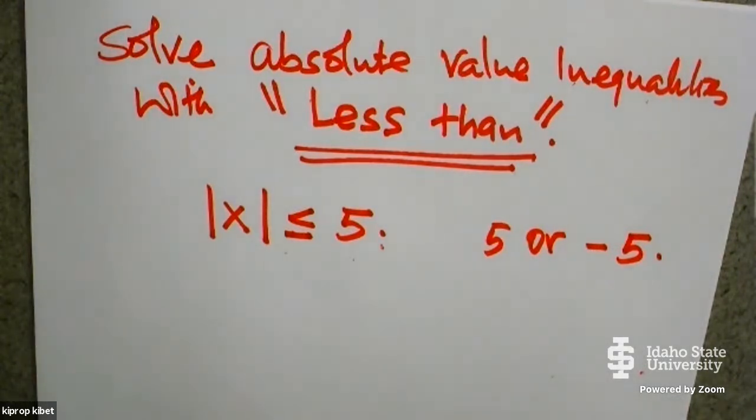Now, if the absolute value of x is less than 5, so therefore, these values are 5 or minus 5. Now, are these values satisfying this? Are they satisfying that?